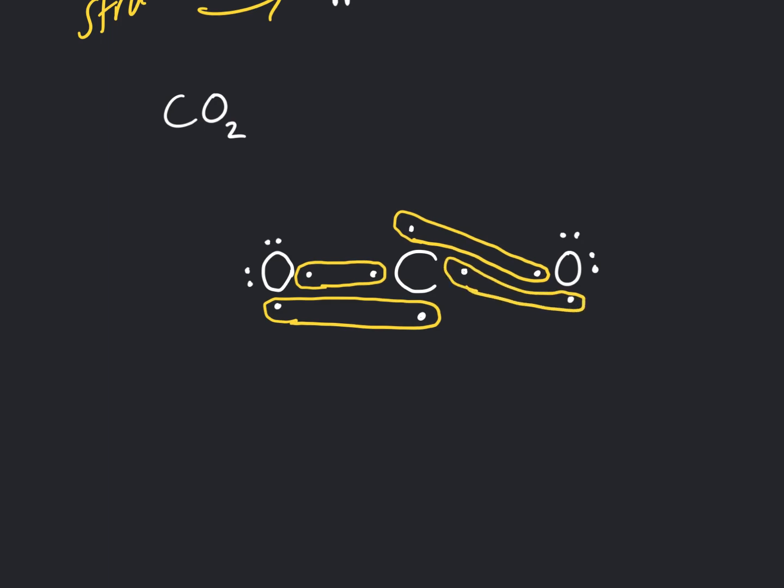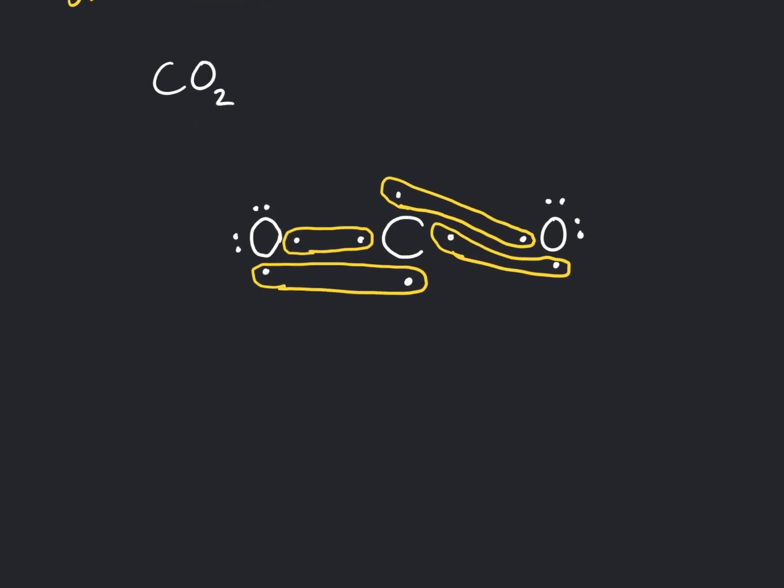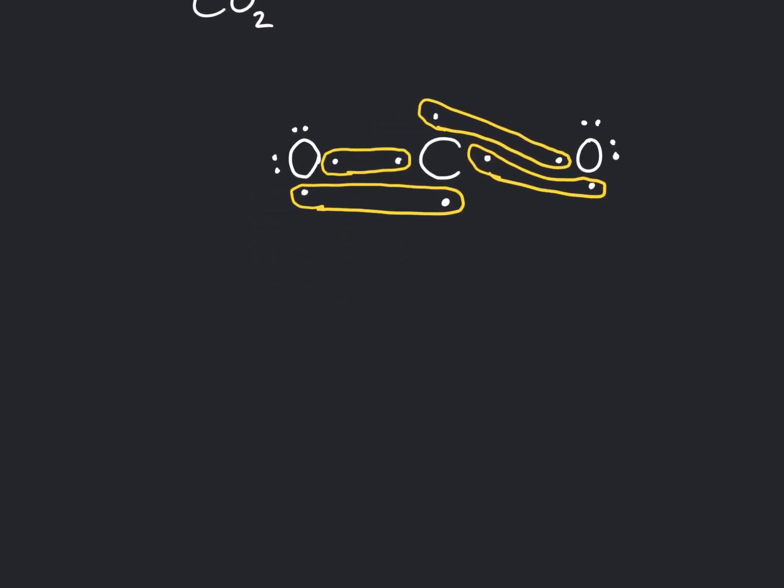Okay, all right, what have I just created here? Let's redraw this. What I've created here are double bonds. Carbon is going to be in the middle, and this is a double covalent bond, and a double covalent bond.